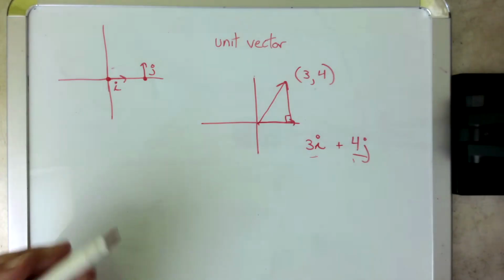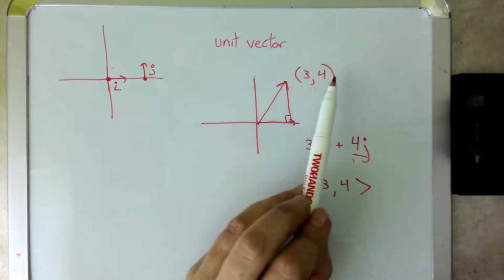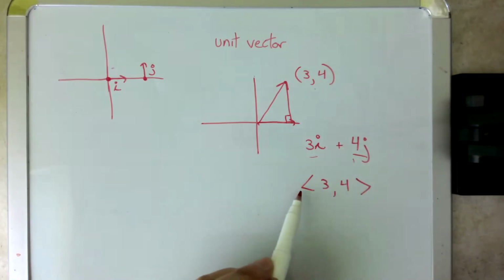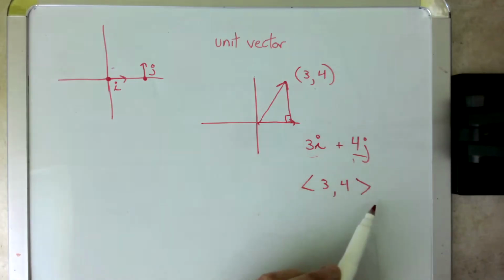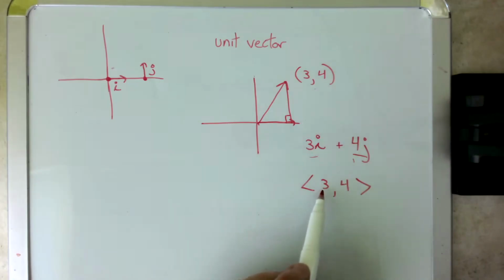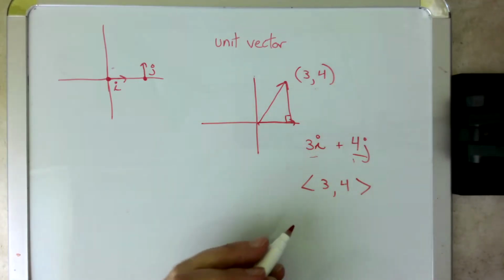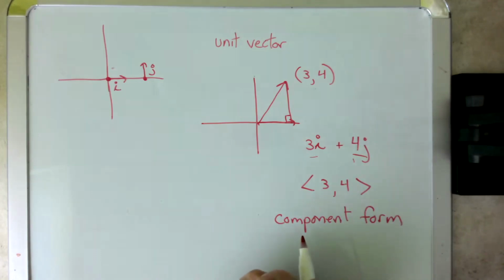And then there's a shorthand, which basically just takes our point and puts it in these brackets instead to indicate that this is not a point, but rather a vector with 3i x components and 4j y components. So these are interchangeable, and these are both called the component form of a vector.